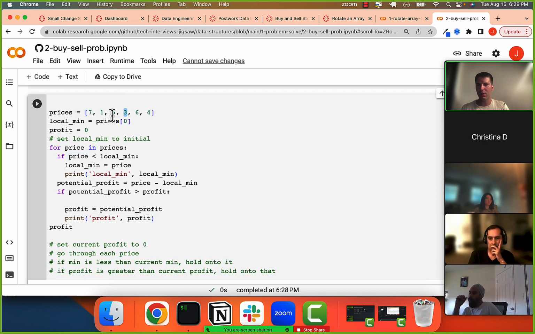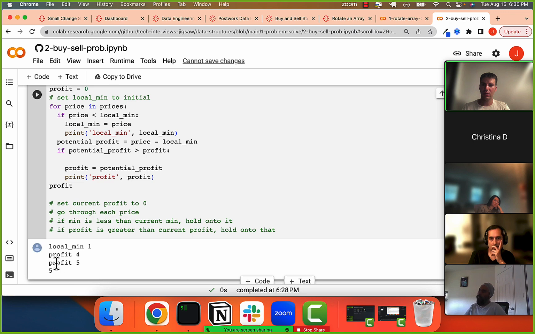We do nothing because it's not an improvement in terms of buying low, and it's also not an improvement in terms of selling high. Then we go to the next one, 6. This actually is an improvement in terms of selling high. We first ask, is this an improvement in terms of buying low? It is not, because 6 is greater than 1. But what we can do is improve upon my previous sell price of 5 to 6. So that's why it says, okay, we did well.